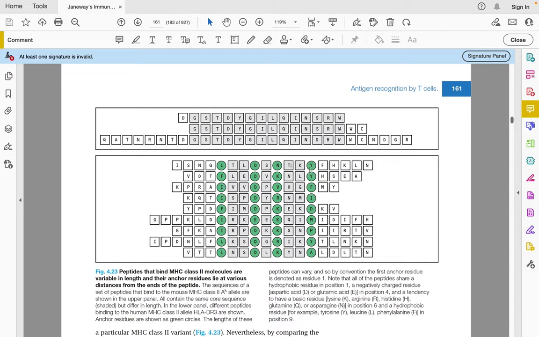Or here you can see tyrosine, phenylalanine, right? And there is lysine also. So several types of amino acids which have either hydrophobic groups or charged groups help in this binding interaction. These amino acids determine which particular antigen will bind to which particular MHC class 2 molecule.